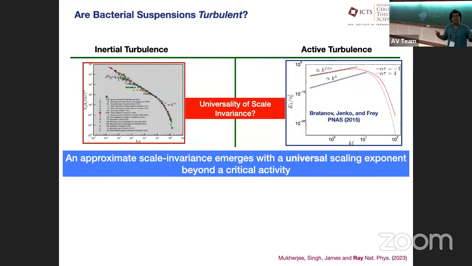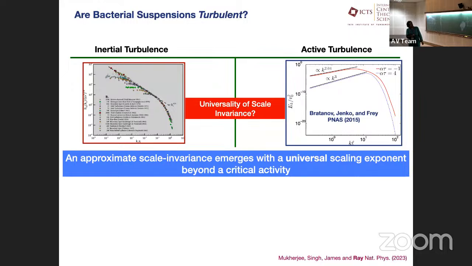In words, what we find is that as you make these suspensions active beyond a critical activity, and I'll be a little more careful about the word critical when I come to the next set of data, if you're coming from a critical phenomena background, an approximate scale invariance emerges with a universal scaling exponent.